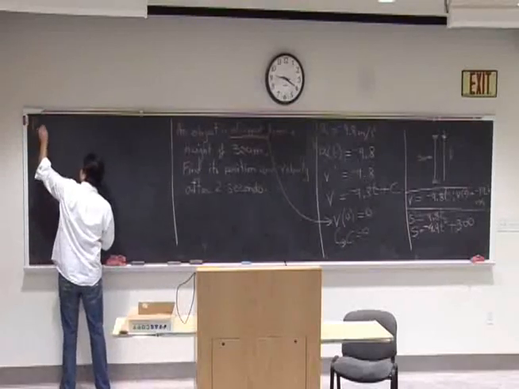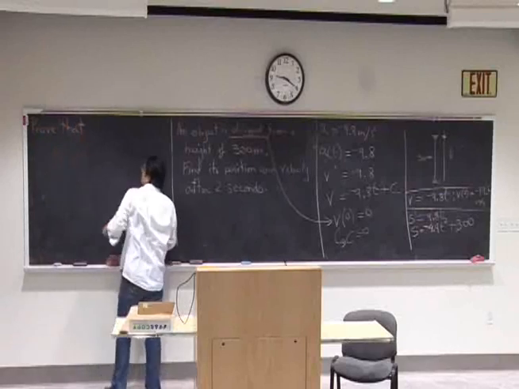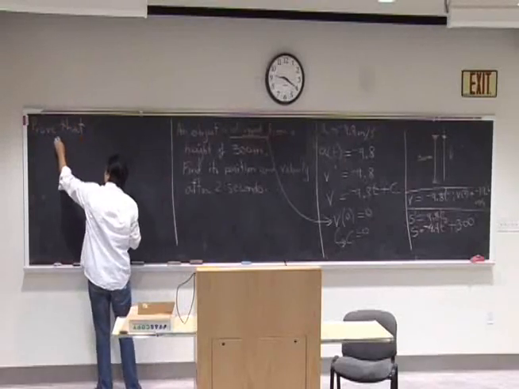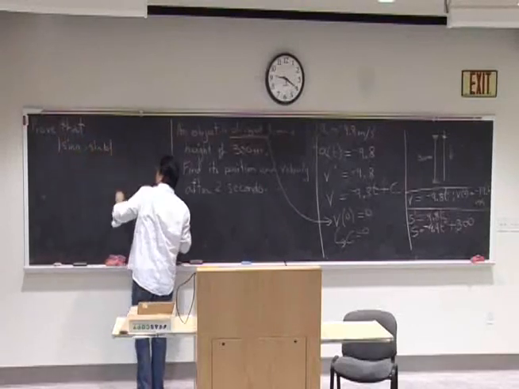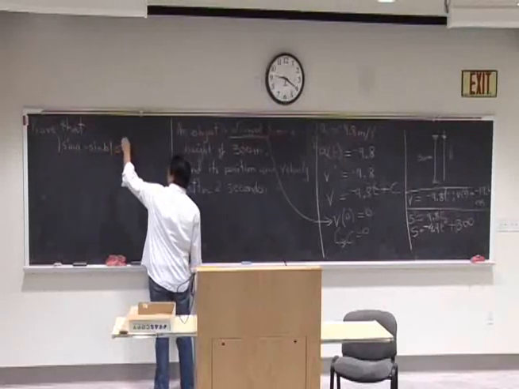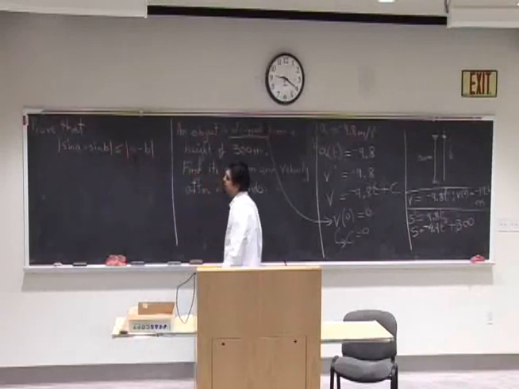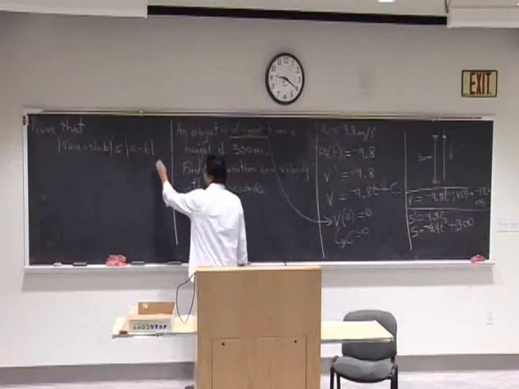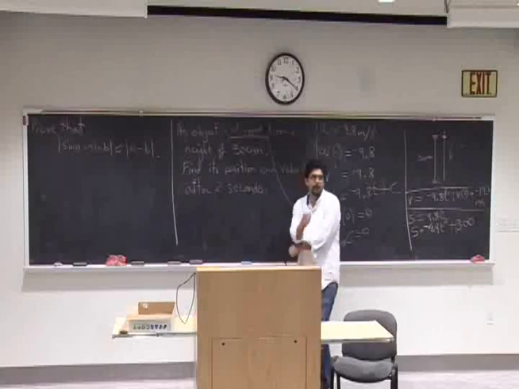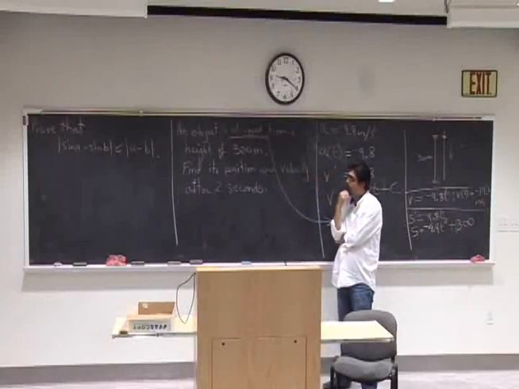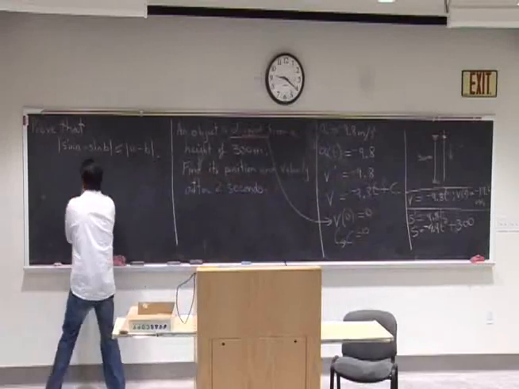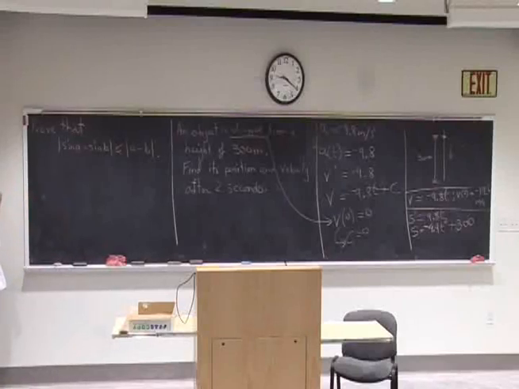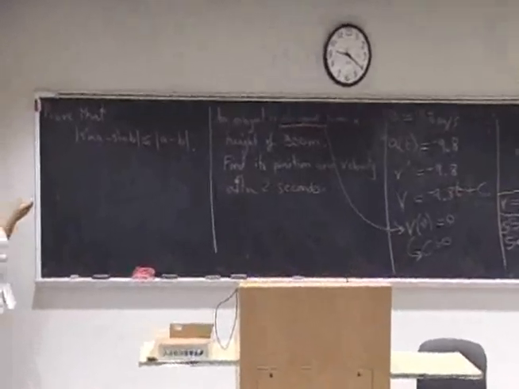So prove that the absolute value of sine A minus sine B is less than or equal to the absolute value of A minus B. Okay, so this sine A minus sine B looks like an f of b minus f of a situation.